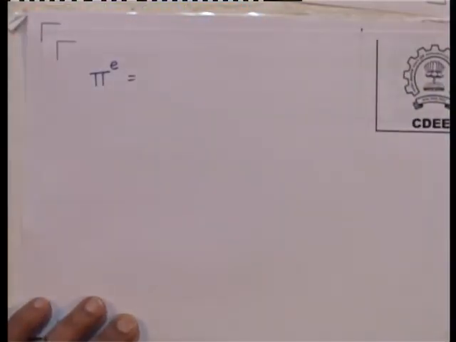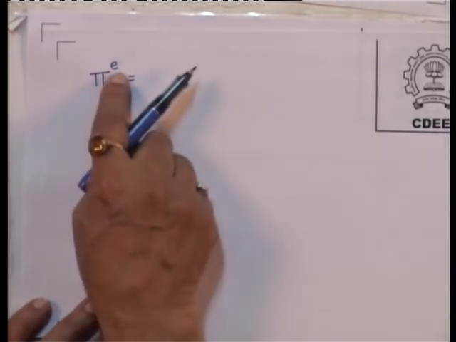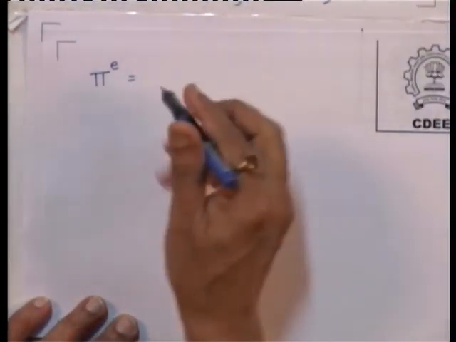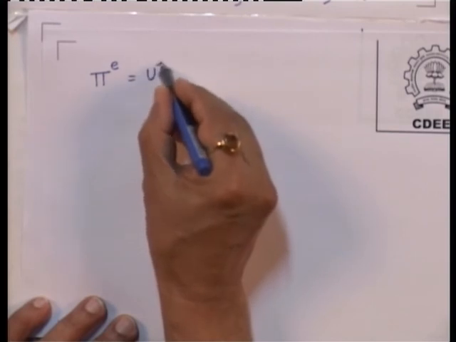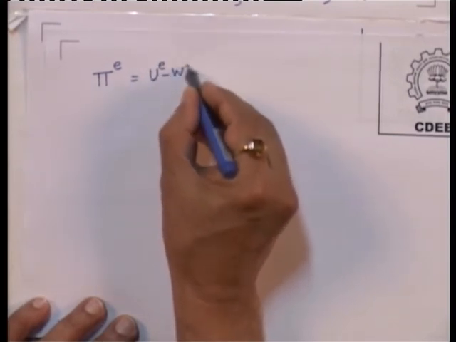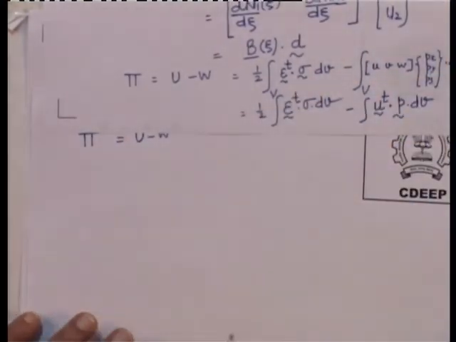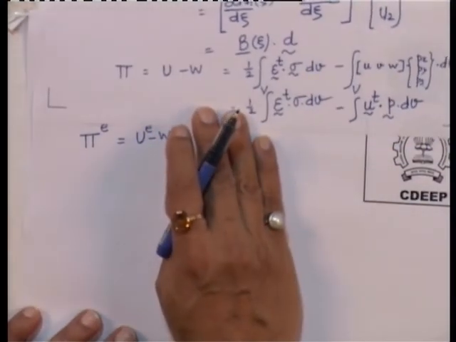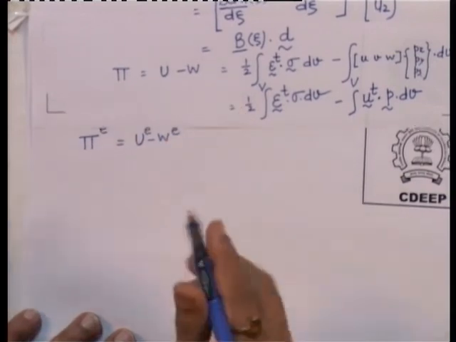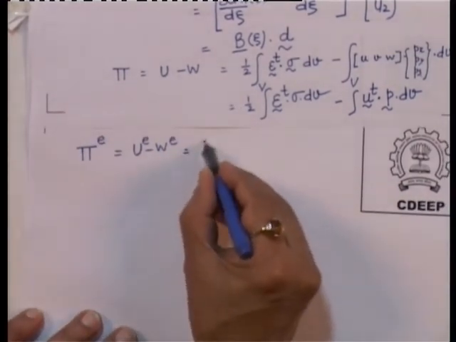Once you do it in local coordinate, it will be equal to pi of the element, local. Instead of this, the energy equals the strain energy of the element minus W of the element. We are doing this for the element only.